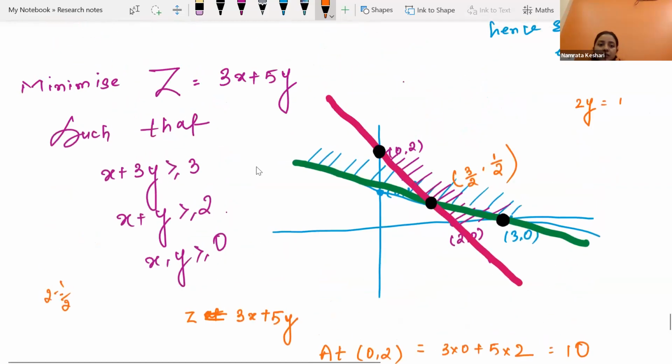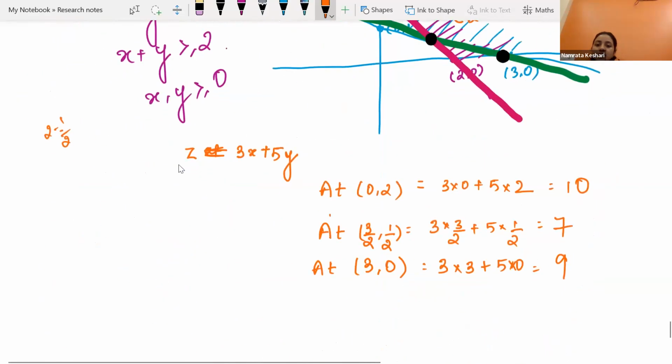And what we have to find? Minimum z. Which one is the minimum one?